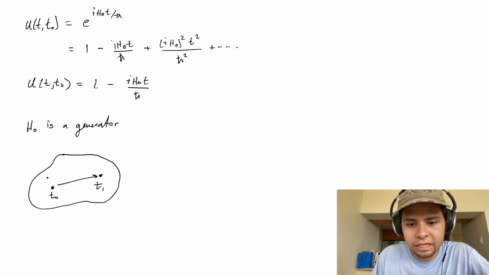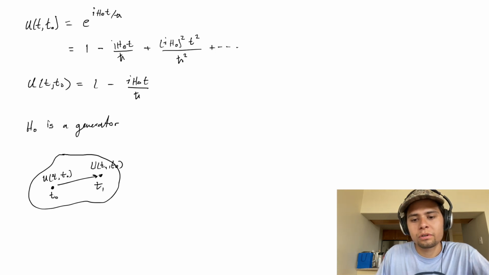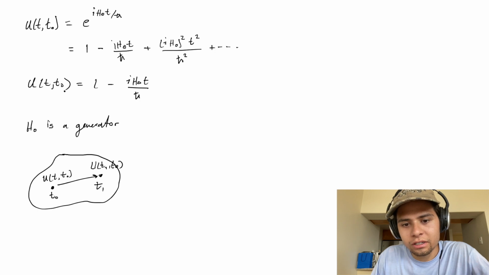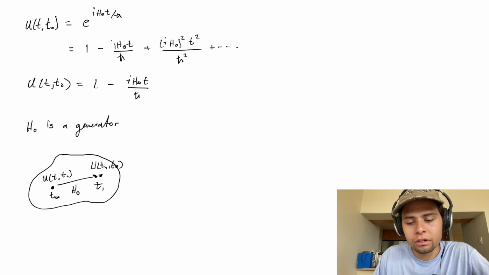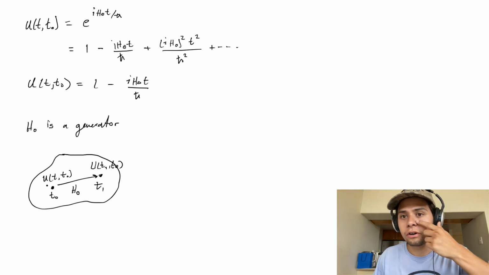At t0 we have u of t0, and at t1 we have u of t1, t0. And the means by which we go from here to here, we have to have this h in here, because this is what u equals. So h bar, or h0, helps us go from here to here. So it generates the next unitary transformation.